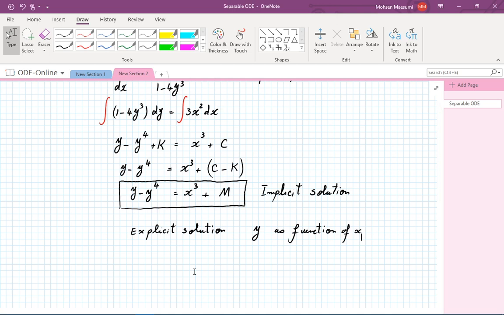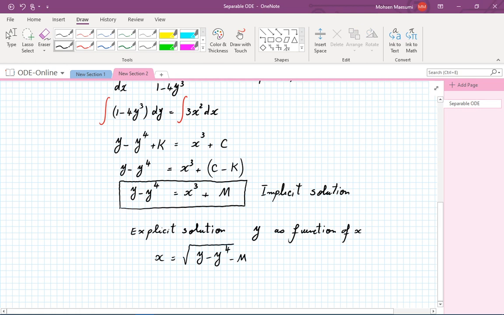For example, in this equation, it would be relatively easy to find x in terms of y. That doesn't take much effort. If I take m to the other side, y minus y to the fourth minus m, and take the cube root of this, then that is x in terms of y.